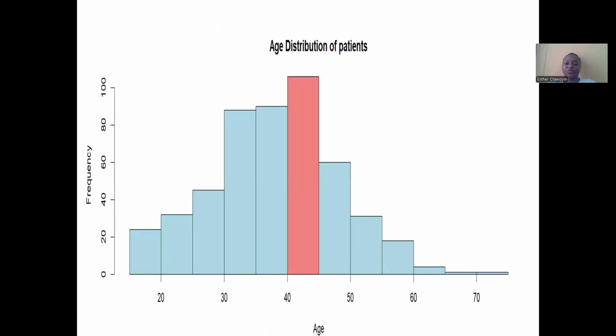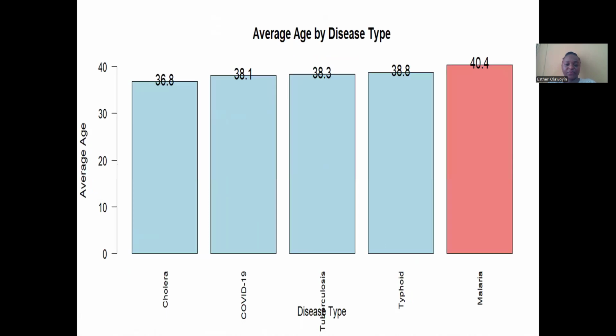This is the age distribution of patients, showing that patients from the age of 40 to 45 are more prone to diseases such as malaria, typhoid, tuberculosis, COVID, and cholera.